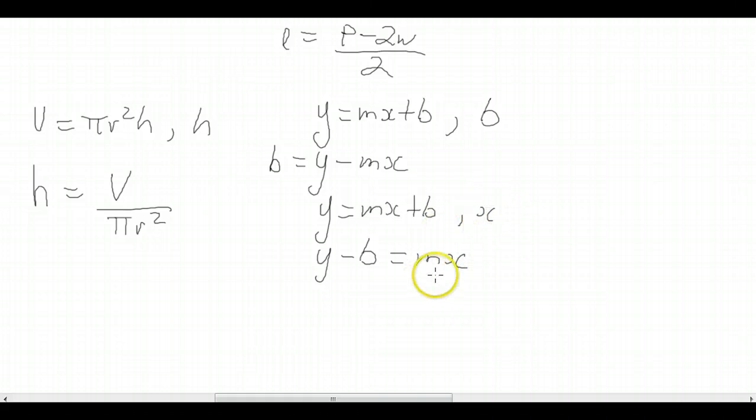I want to solve for x, that is, isolate the x. We'll divide both sides by m, and x will be y minus b over m. Okay, so nice and short, just get some practice at rearranging formulas, substituting into formulas, and solving simple algebraic expressions.